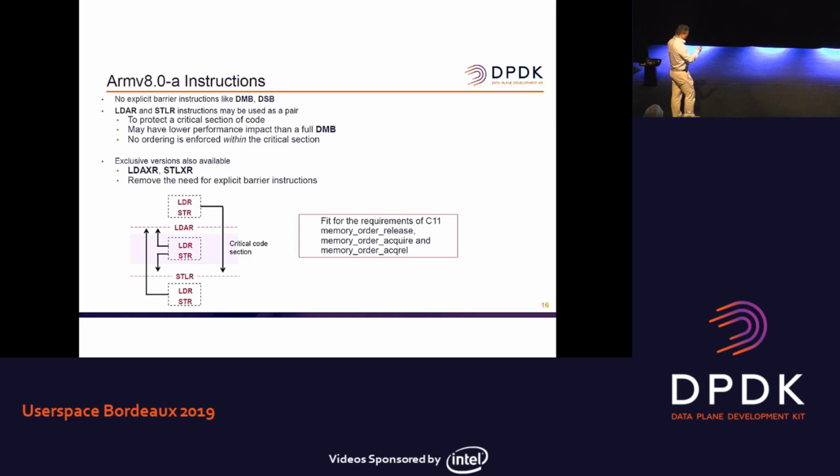For load acquire, the following loads and stores can't be reordered across above. And for store release, it can't be reordered after that. This kind of one-way reordering is very useful for use cases like producers and consumers.